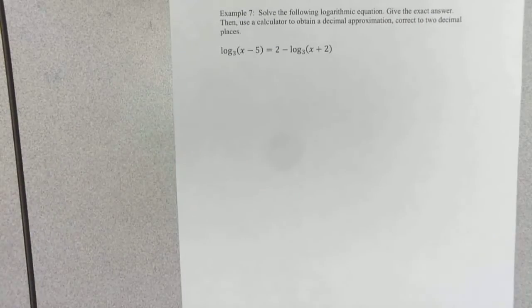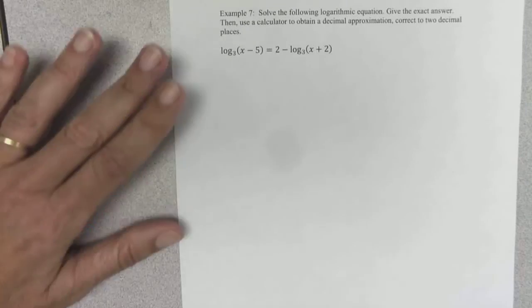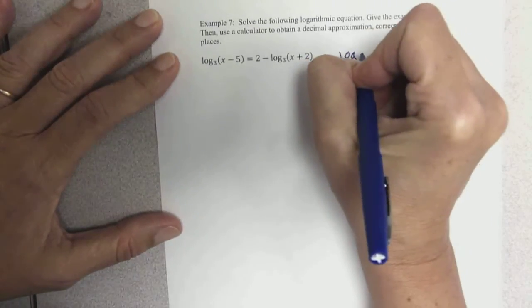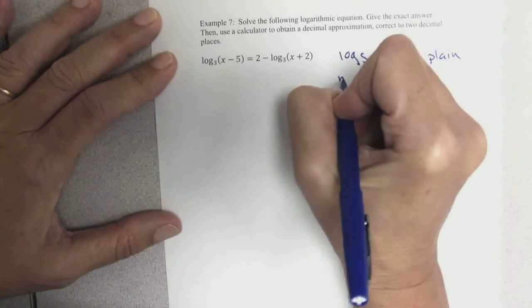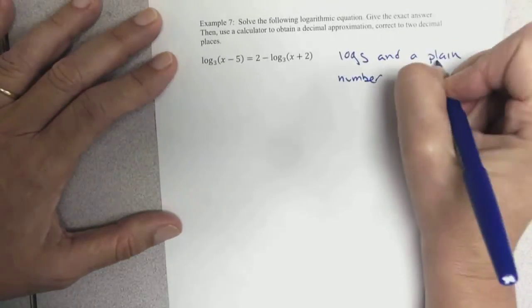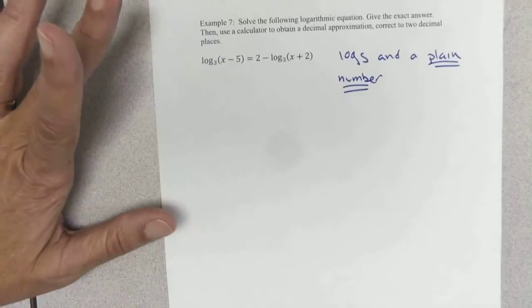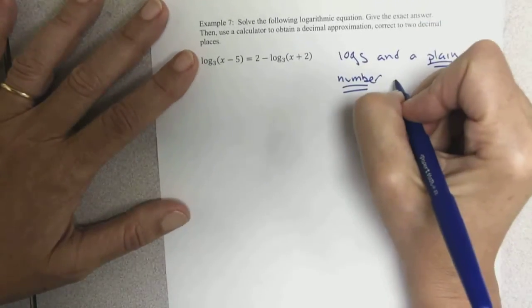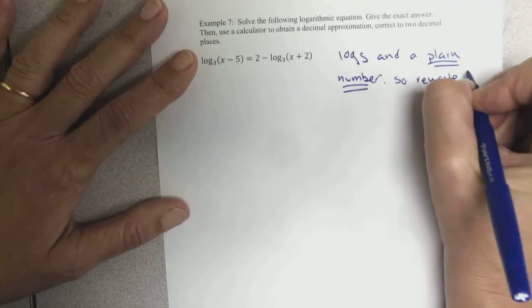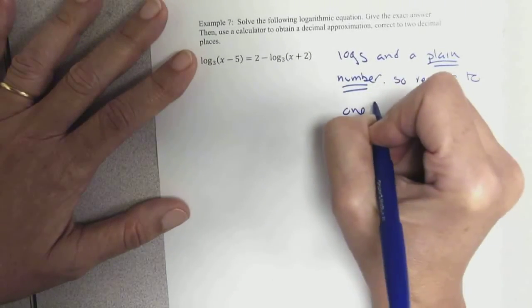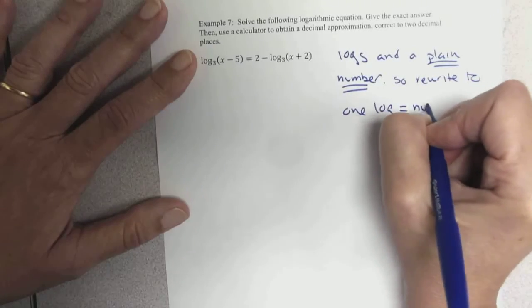Next one. Okay, as I look at it, I've got logs and a plain number. And that's really the critical thing there. There's a plain number there. So we'll rewrite this as 1 log equals that plain number.